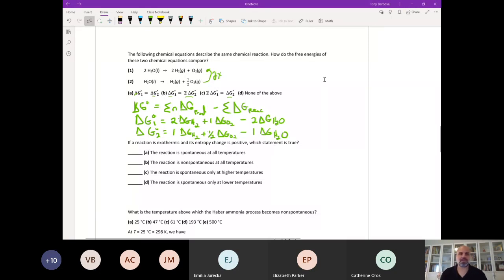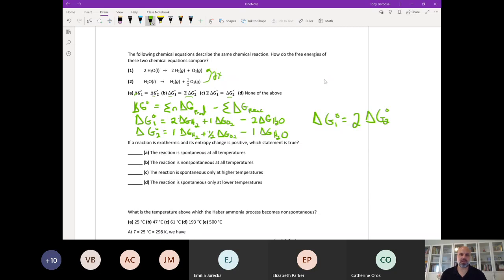If you can see that delta G sub 1 is going to be equal to twice the delta G of 2, right?